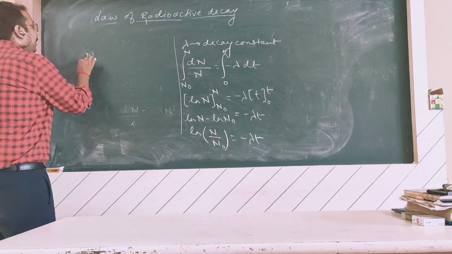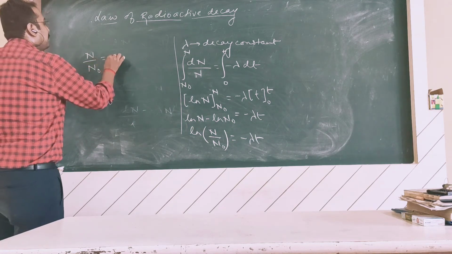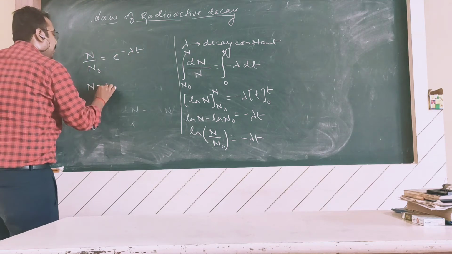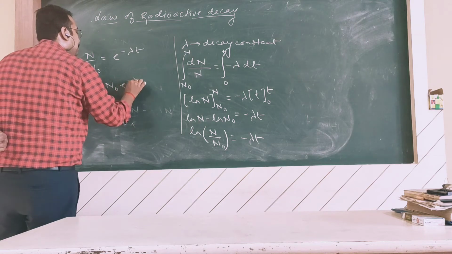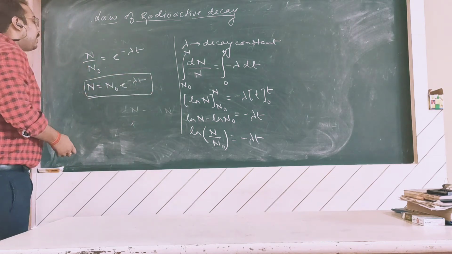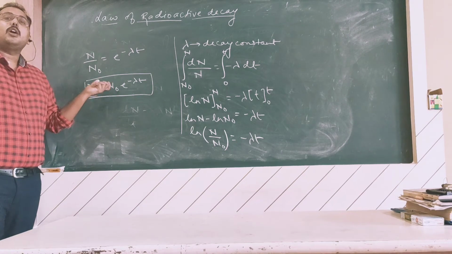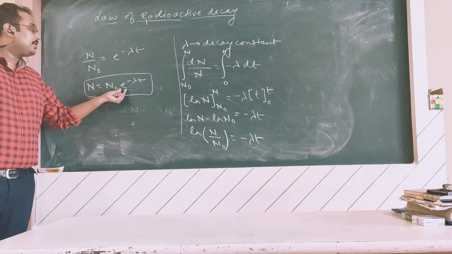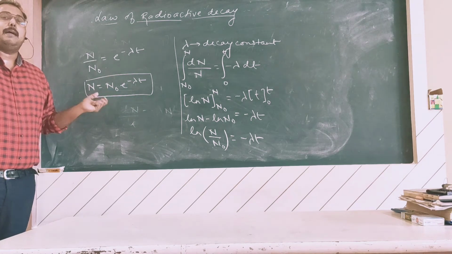So n by n0 is equal to e to the power minus lambda t. So n is equal to n0 e to the power minus lambda t. This is the required expression for the law of radioactive decay: n equals n0 e to the power minus lambda t.